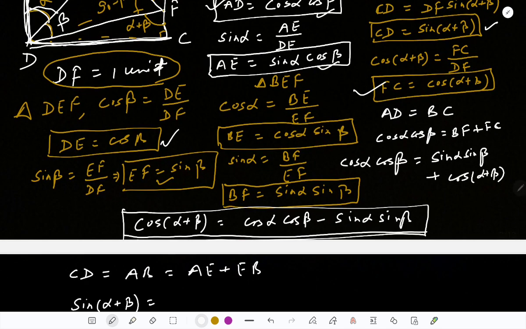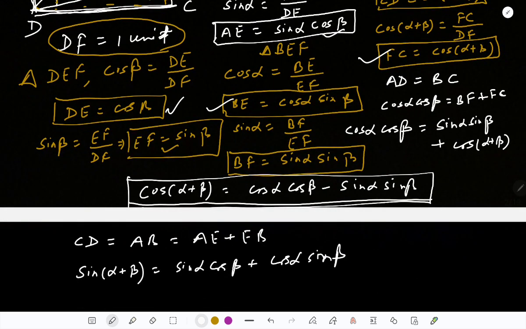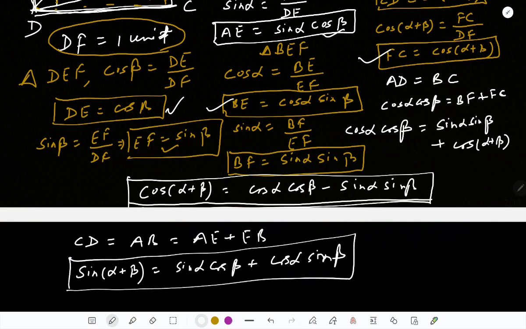You can see here, this is sine alpha cos beta, plus EB. We have somewhere EB or BE here, and it is cos alpha sine beta. Can you see it here properly? BE, that means EB, is cos alpha sine beta. So we got another result, that is sine alpha plus beta equal to sine alpha cos beta plus cos alpha sine beta.